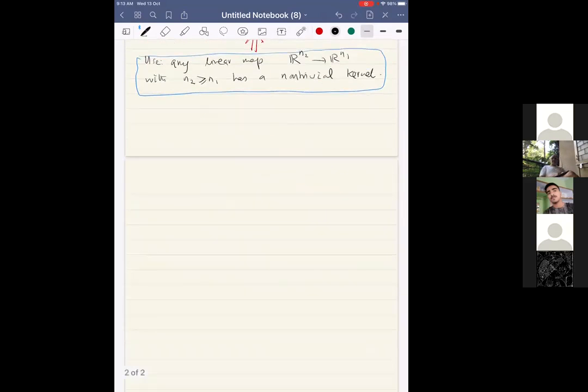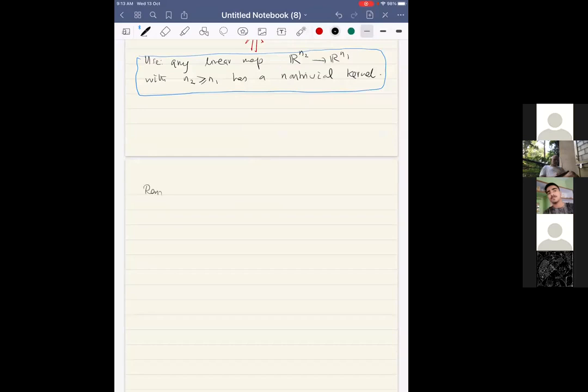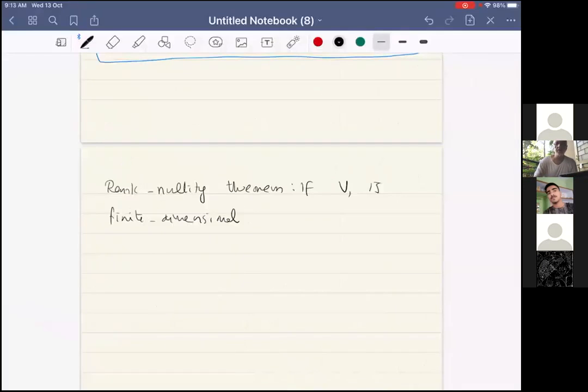Then I stated a multi-part theorem, of which one of the important parts is the rank nullity result, which said that if V is finite dimensional, and my notation might be different from the notes, let me try and keep to the notation so that you are not confused.